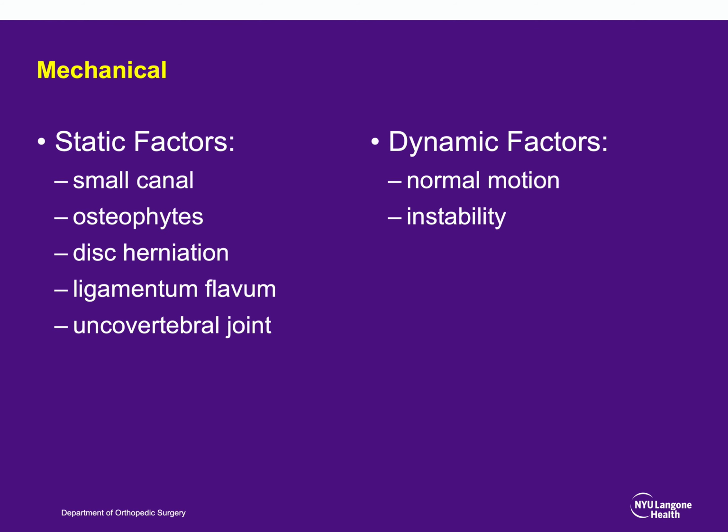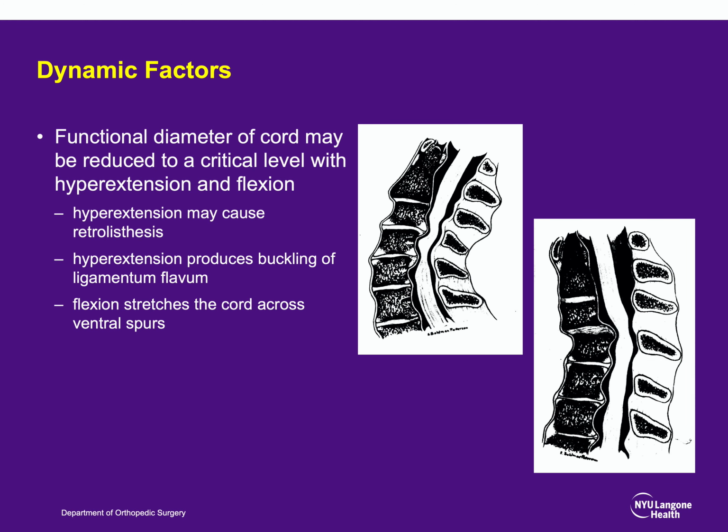There are also dynamic and static factors. If there's significant instability, one can have dynamic myelopathic symptoms superimposed on static factors such as a congenitally small canal, presence of osteophytes, disc herniations, ligamentum hypertrophy, and uncovertebral joint hypertrophy.